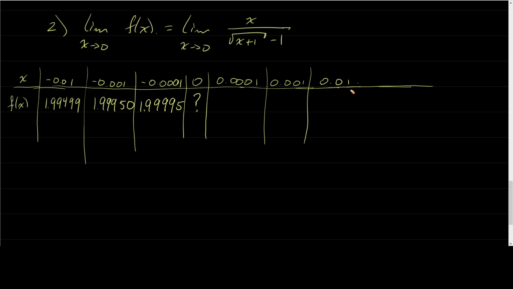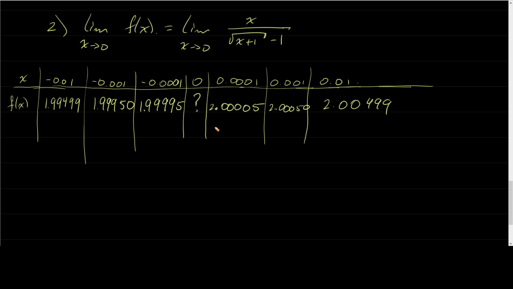If I start by plugging in 0.01, I end up with 2.00499. But if I approach the x values even closer, so I'm getting closer to 0, I end up with 2.00050. If I get even closer than that, I end up with 2.00005. There we go.